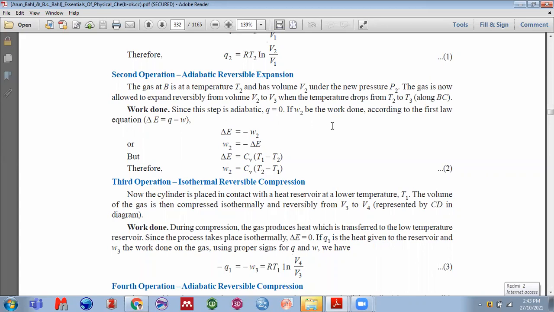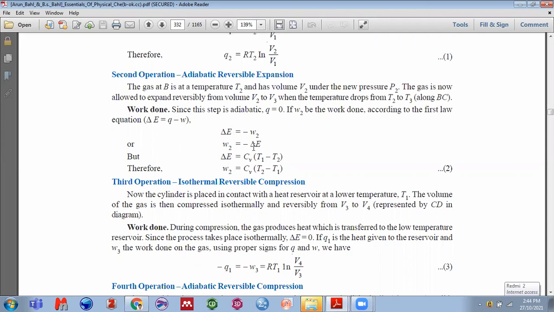If W2 is the work done, according to first law of thermodynamics, dq equal to dU plus W, or delta E equal to q minus W. Since q equal to 0, delta E equal to minus W2. W2 is work for second step.